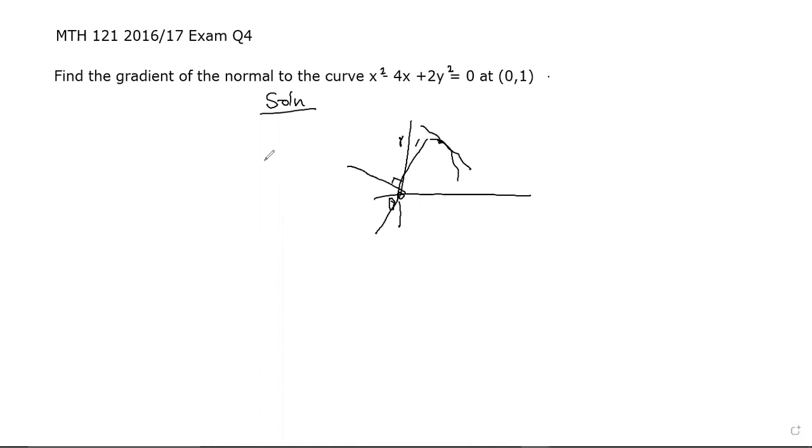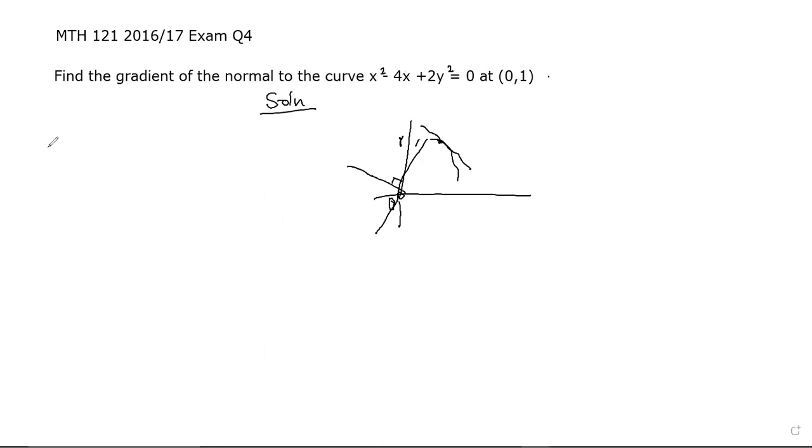So now let's get to work. For us to find the gradient of the normal, first we have to find the gradient of the tangent to this quadratic equation. To find that, we have to find the dy/dx of this equation. That means we have to differentiate this.